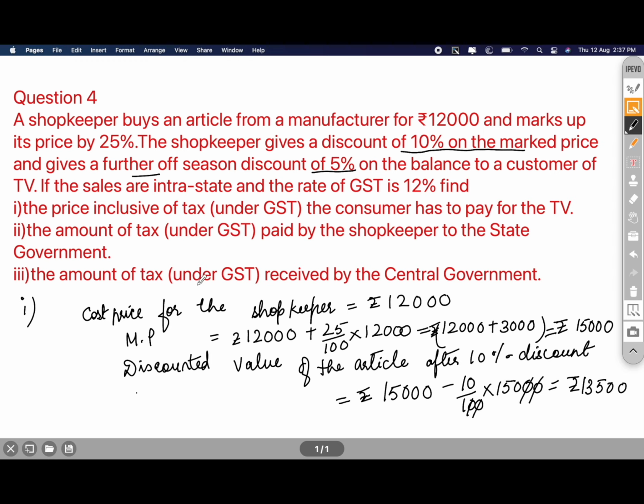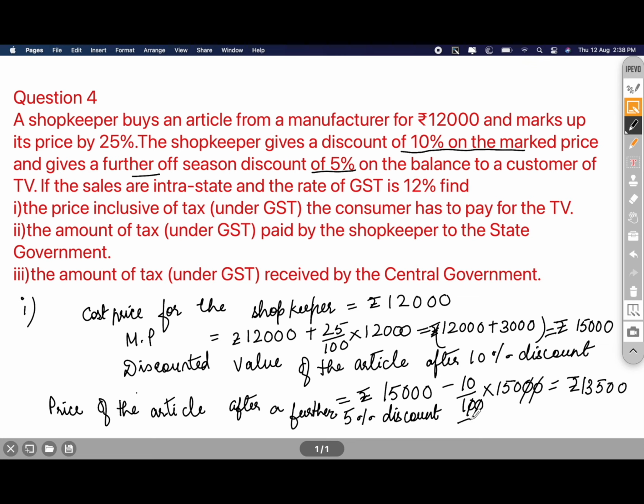So next, price of the article after 5% discount. Article after a further 5% discount.